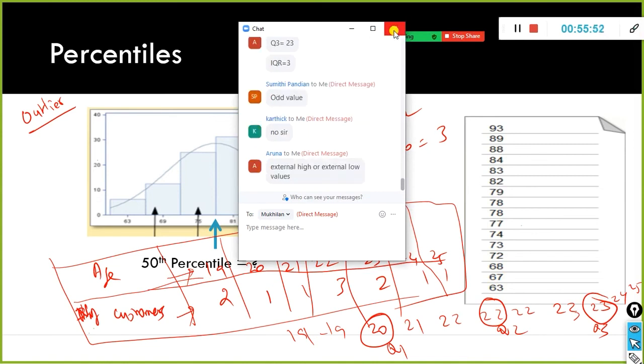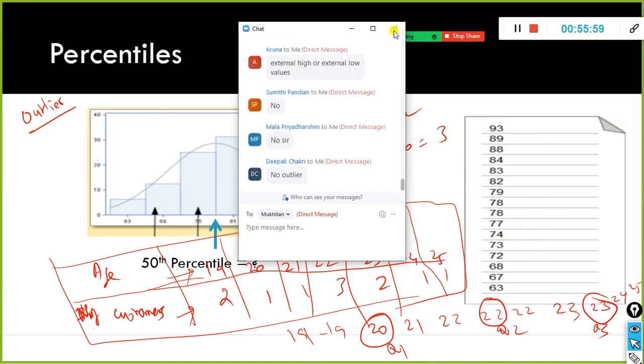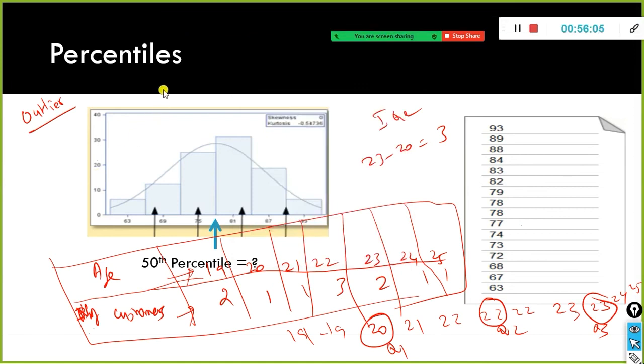So you don't have outlier. Karthik says there are no outlier. External high or extremely high value or extremely low value, that is also yes or no. And Deepak says no outlier, and Mala says no outlier. Okay. So can we go by your statement? No. This data set also has outlier, but how do we conclude that?